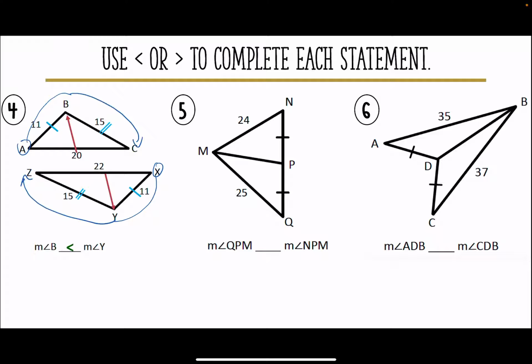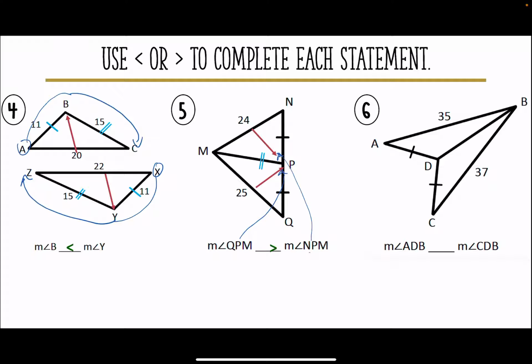All right, number 5. We've got a reflexive property into play with MP. Notice MN is smaller than MQ, which means that angle NPM, this angle right here, is smaller than angle QPM, which is this angle right here.